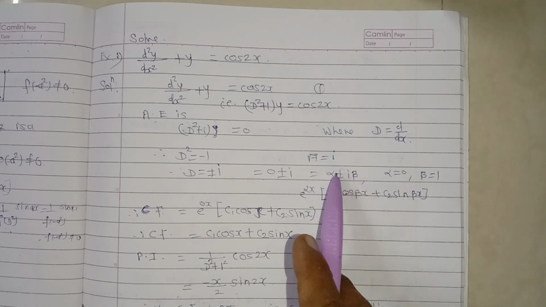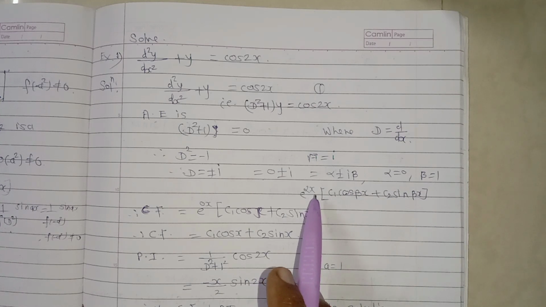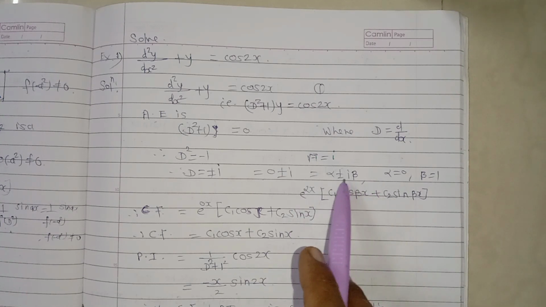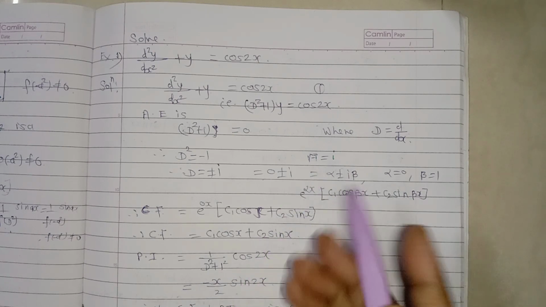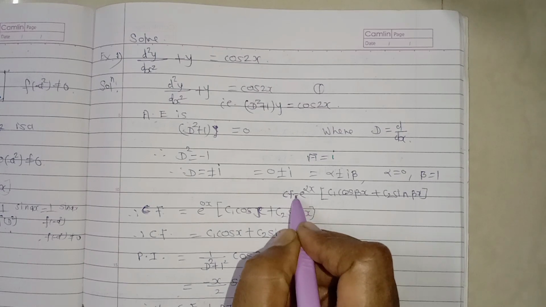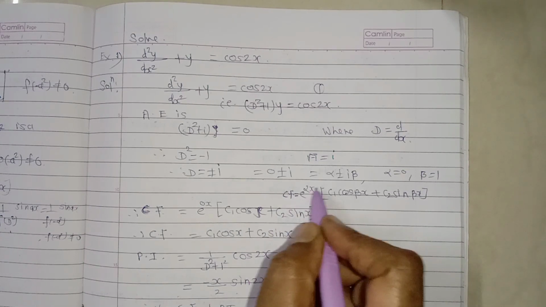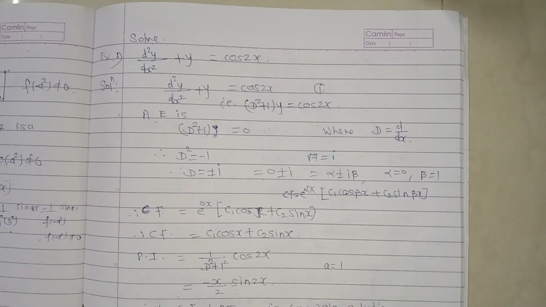We know that when the roots are in the form of alpha plus minus i beta, that is roots are imaginary or complex, then corresponding part of complementary function is CF equal to e raised to alpha x into (c1 cos of beta x plus c2 sin of beta x). Here roots are 0 plus minus 1.